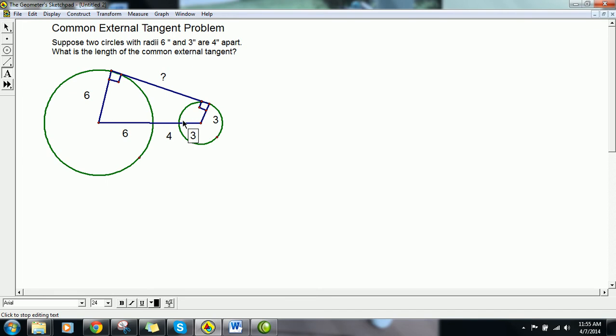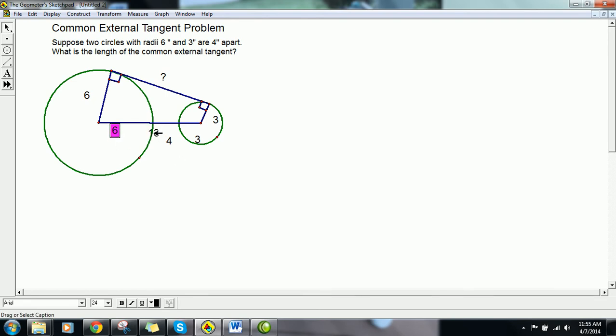Remember, all radii of the same circle are congruent, so if that's 3, then that has to be 3. If that radius is 6, that radius is 6. And that little piece in between is 4. So the whole center-to-center distance is 6 plus 4 plus 3, which is exactly 13. So I'm going to put a 13 somewhere around here, and the 6 and the 4 and the 3 make up that 13.